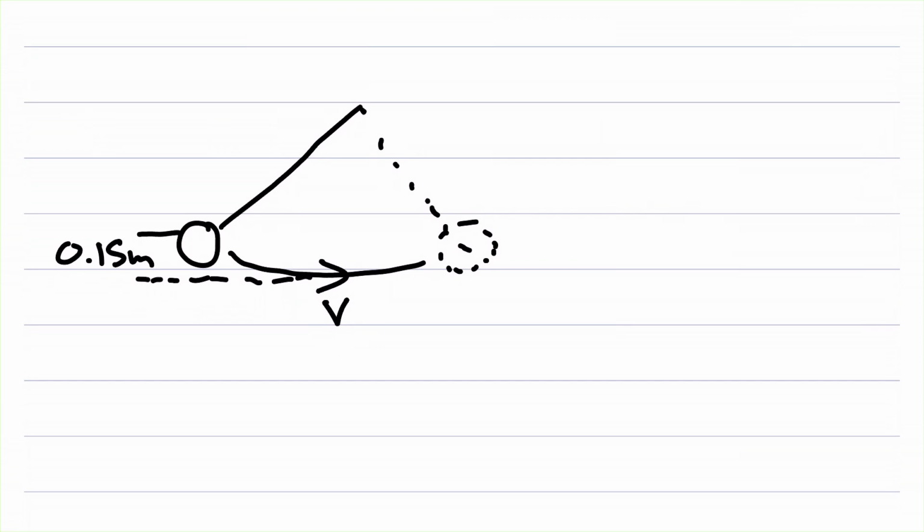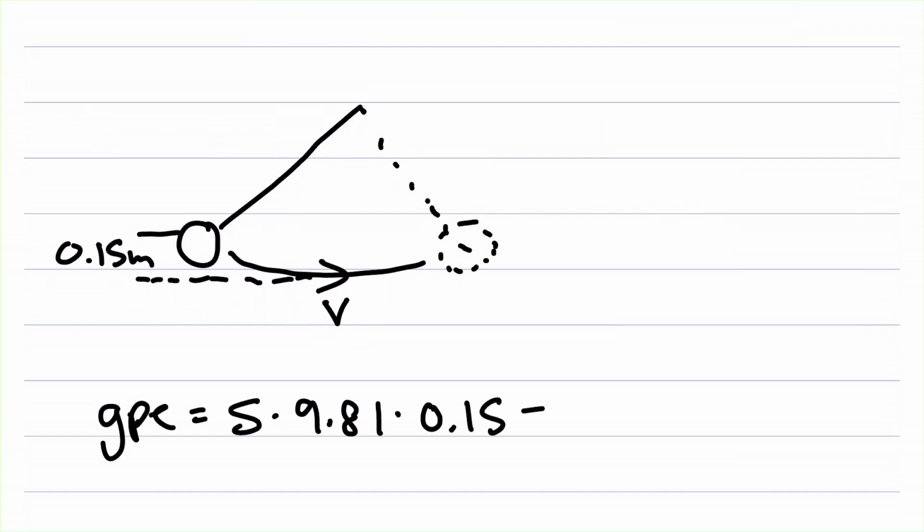So if I calculate gravitational potential energy, it's going to be mass. They give the mass as 5 kgs. So it's going to be 5 times 9.81. Remember in this book it's 9.81 for physics, times height. The height is 0.15. That gives us 7.36 joules.